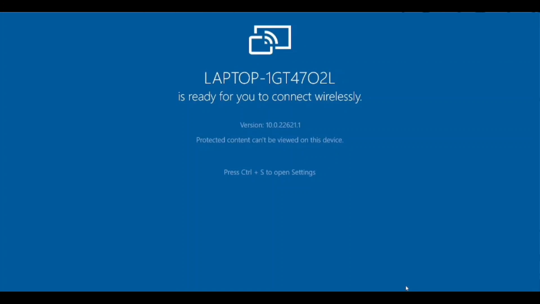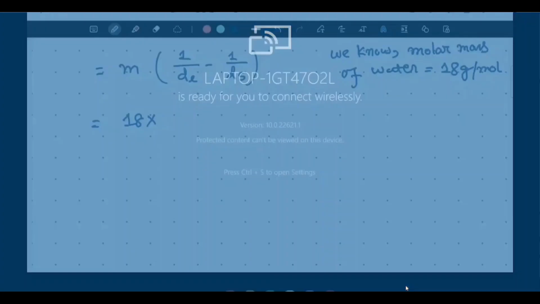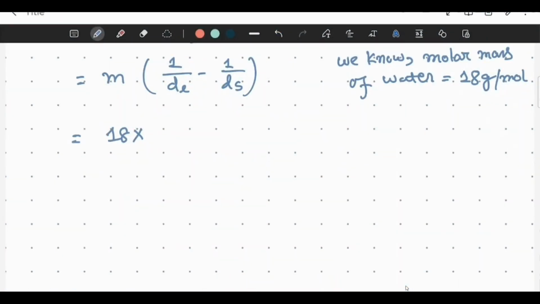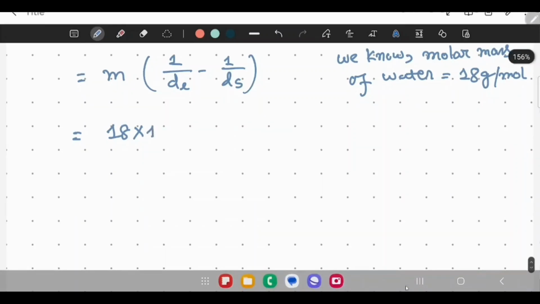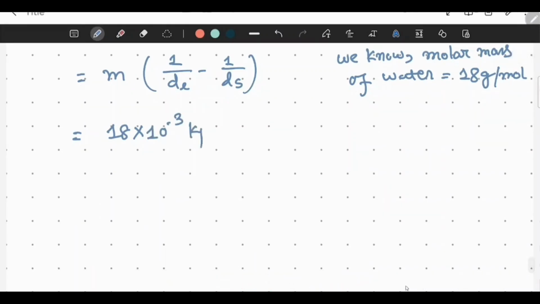Wait a minute, let me connect it again. Okay, so 18 into 10 to the power minus 3 kilogram per mole.